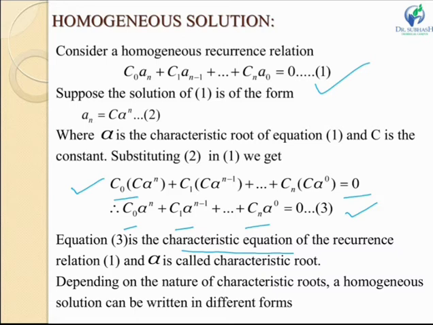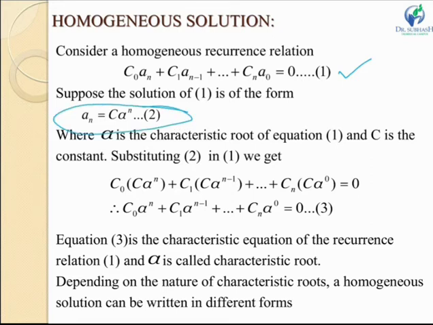Now depending on this characteristic root, a homogeneous solution can be written in different forms. Let me tell you this all in short. This is the recurrence relation, equation 1, and if I assume that a(n) is the solution of the relation, then alpha is called the characteristic root.